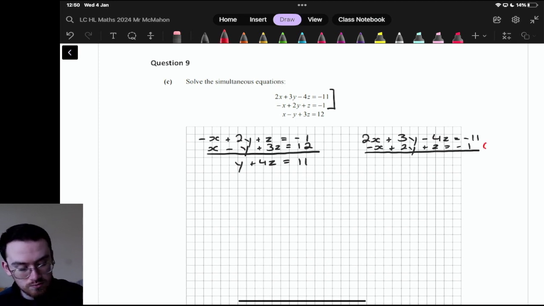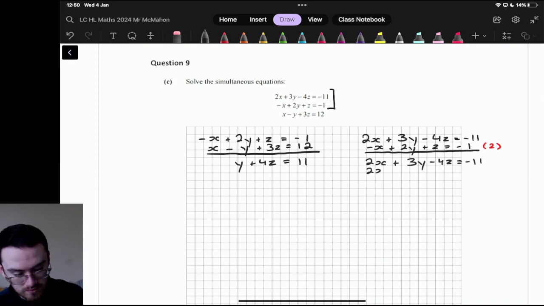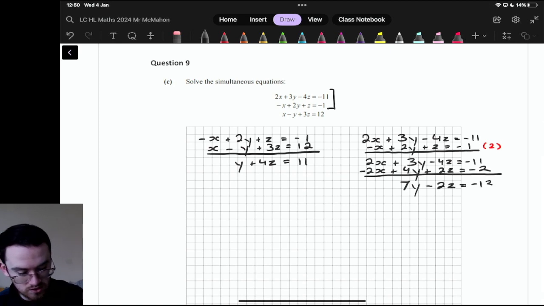So what we're going to do is multiply the second expression by 2. The first one isn't going to change at all. The second one becomes minus 2x plus 4y plus 2z, and that's minus 2. Then solve, so 7y minus 2z is equal to minus 13.